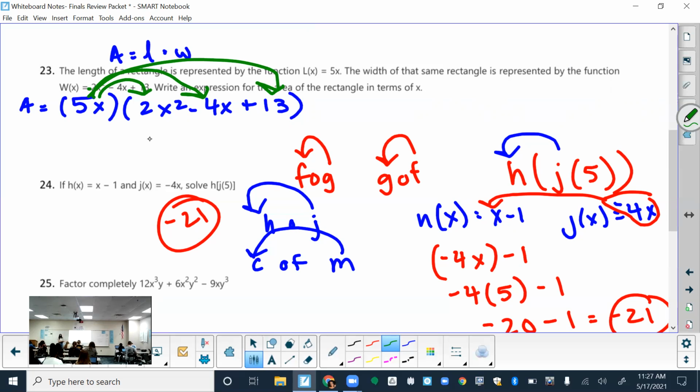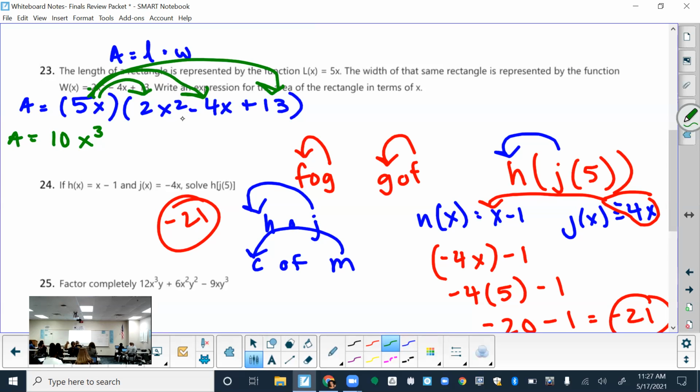So it's 5x times 2x squared. 10x to what power? Good, it is the third power. When you're multiplying with the same base, you add the exponents. So 1 plus 2 is 3. All right, 10x cubed.